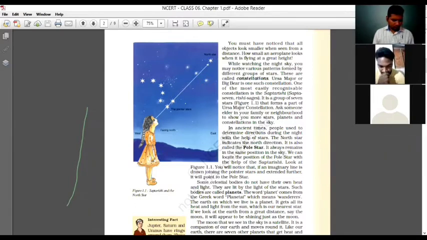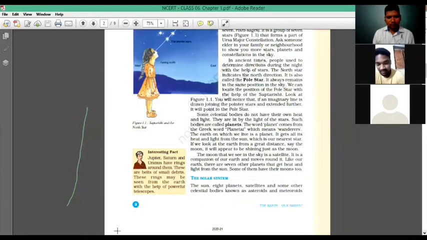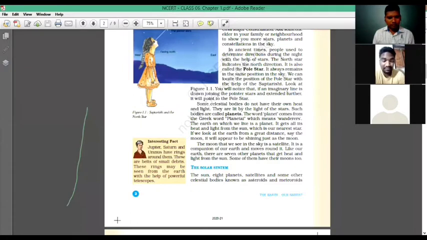There is another planet that looks quite like Earth, and it is called the twin of Earth. That planet is Venus.